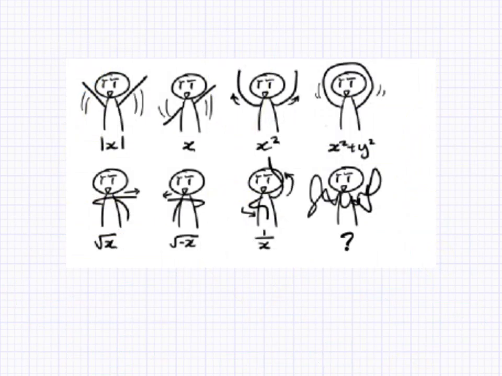Here's a fun picture that is often circulated online of this little stick figure who's using their arms to represent the different types of common functions. So absolute value, notice their arms are in the shape of a V. x is just a line, that's the linear function. x squared, we have the parabola. This is for a circle.